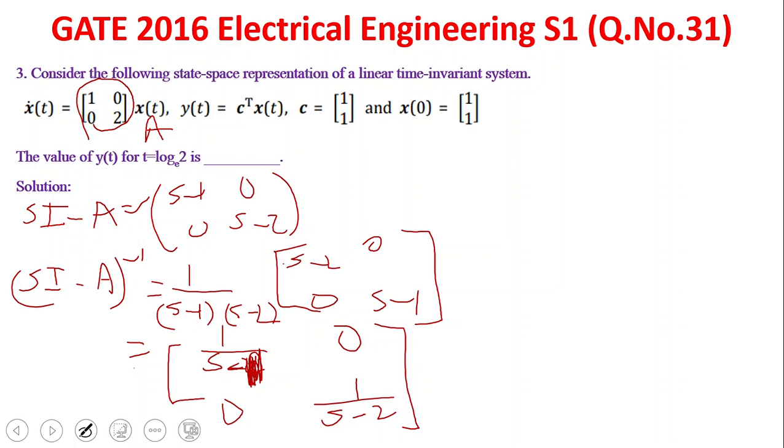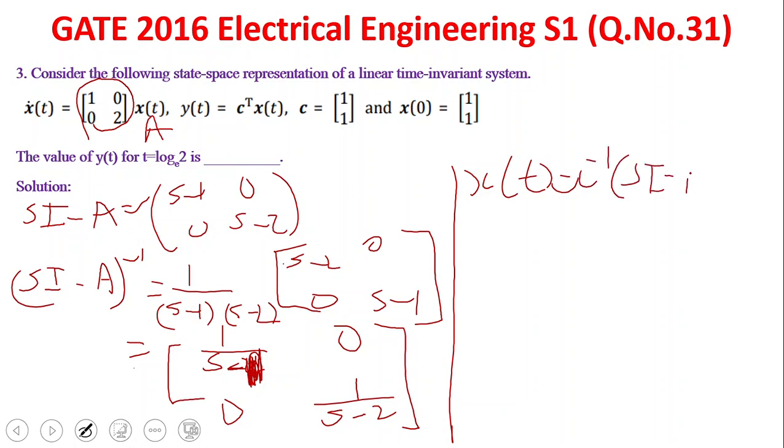Now, anyway, matrix B they have not given, therefore our job is very easy. First we have to find X of t. What is X of t? It is L inverse of sI minus A inverse into X of 0.